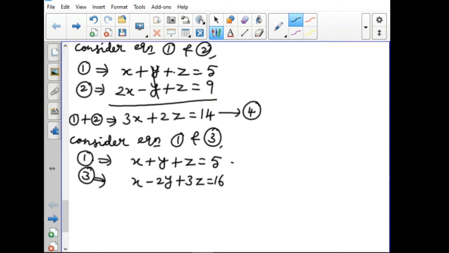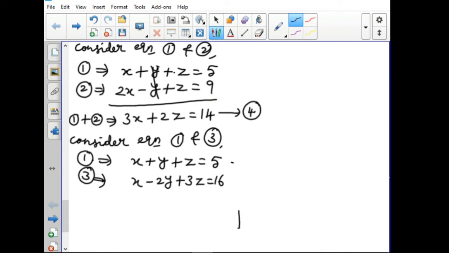So this also we have to get in x and z, so here also we have to eliminate the y term. In the third equation we have x minus 2y, but in the first equation x plus y. So the y term also has to change into 2y. So we multiply equation 1 by 2 and get 2y. Next we can solve the equations and get the answer.